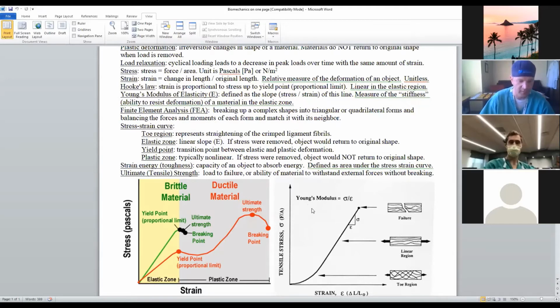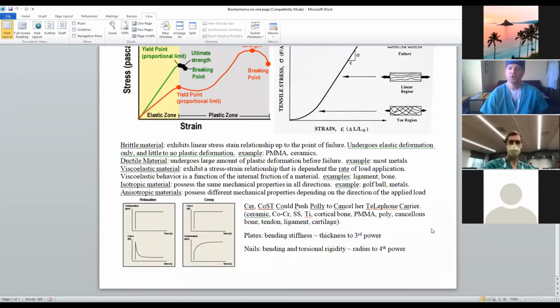What else did we talk about? At the bottom of that page, we talked a little bit about viscoelasticity. The two buzzwords they will ask you about in viscoelasticity are stress relaxation and creep. I tried to include these from the OITE website, and they're actually pretty good, just kind of small.